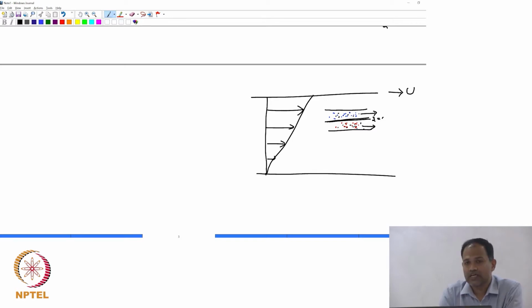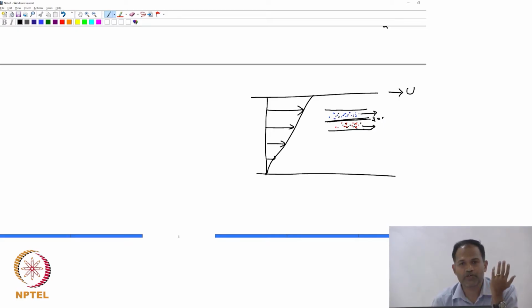The blue ones have lower Vx. Some of them, when they are executing their random walk, will go above that plate, right. So, not above the plate, this region. Some of the red molecules will actually intrude into the region of the blue molecules, and some of the blue molecules will come from the region into the red molecules.